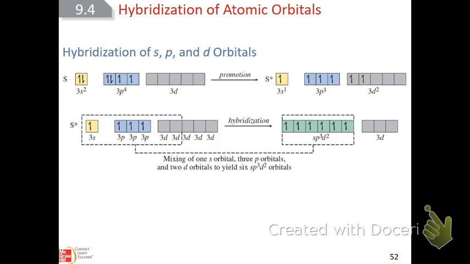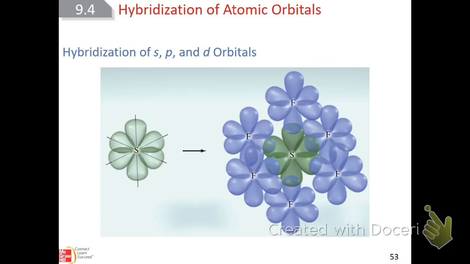Here's what the first one looks like, those green ones there. But I really don't want you to get yourself too bogged down in that, because again, that's a little bit more advanced than we would need to go.